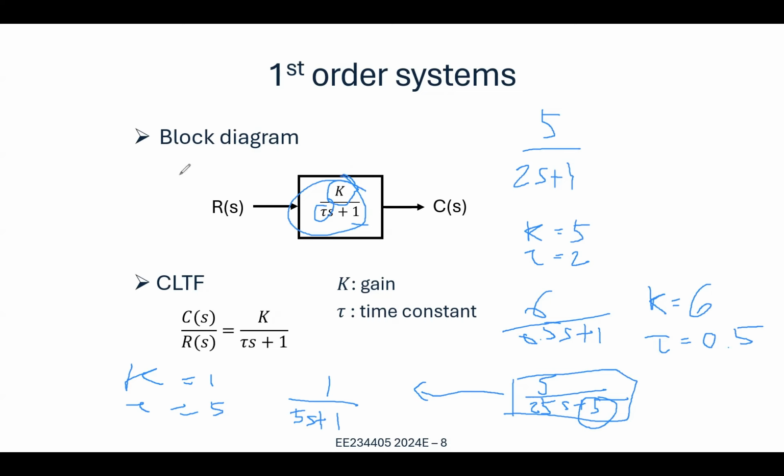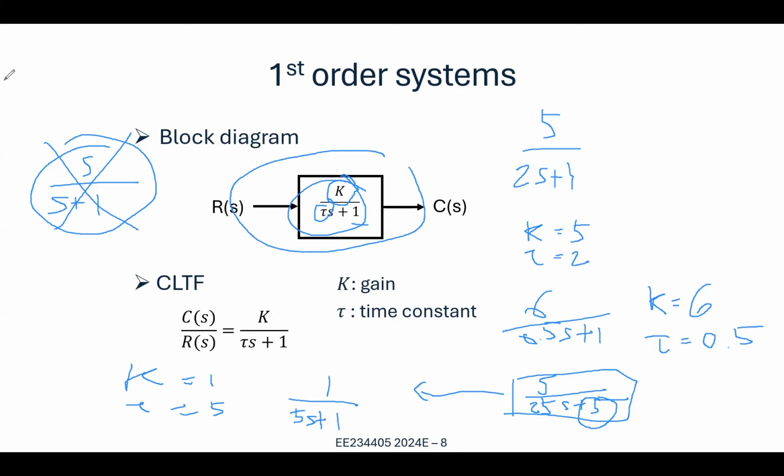If we have, say, s per s plus 1, well, this is not the system that we are considering, so we do not really focus on it, and it's generally not true what is said about this first order system later if it's applied to this. Okay.